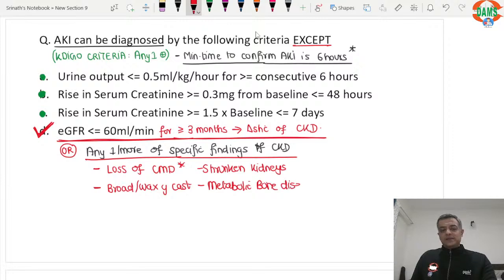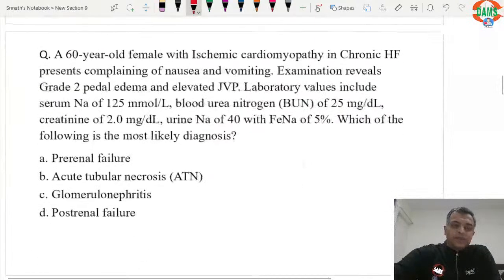All these are specific findings of CKD, which can be used to confirm the diagnosis of the disease.